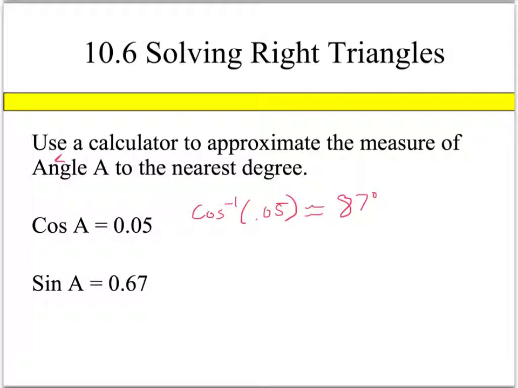Second one, sine of A. We need to take the inverse sine of 0.67, which is about 42.0670648. If I round that to the nearest degree, 42 degrees.